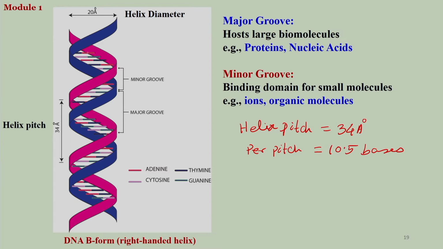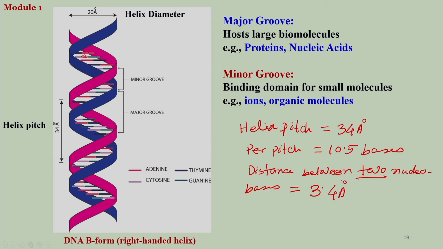If you look here, one nucleobase and the second nucleobase down on top of each other, the distance between two neighboring nucleobases is approximately 3.4 angstrom.